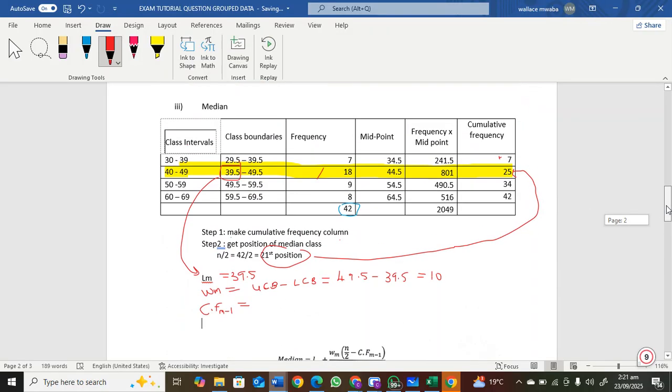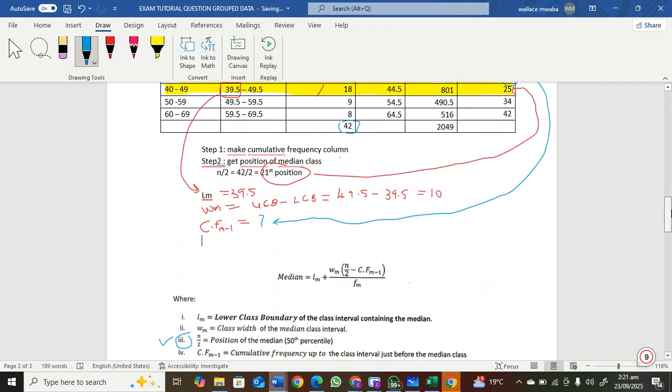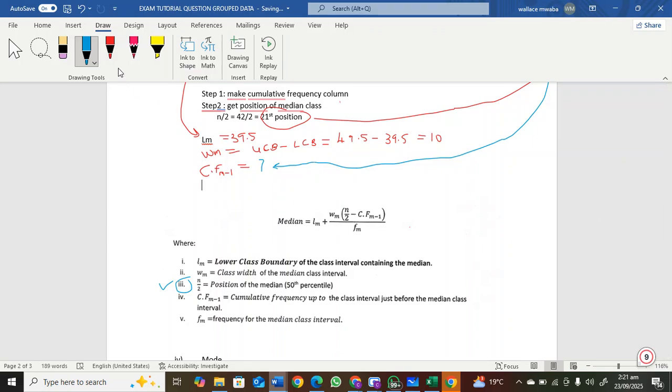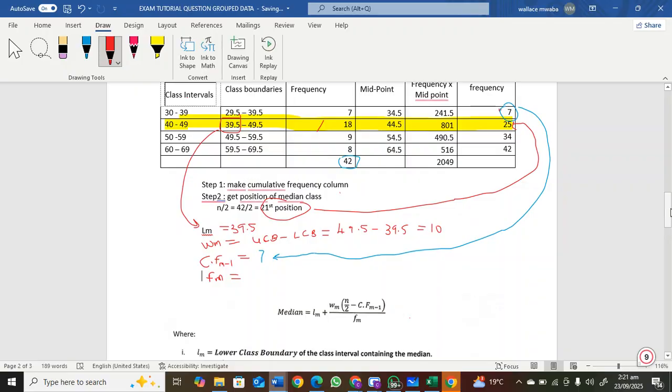In this case, the cumulative frequency before the median class is 7. And then FM is the frequency of the median class, which is 18.